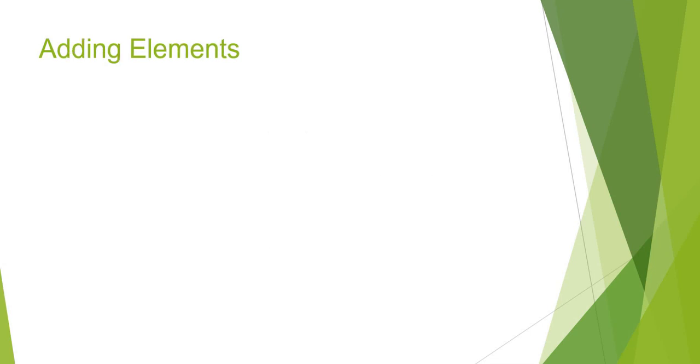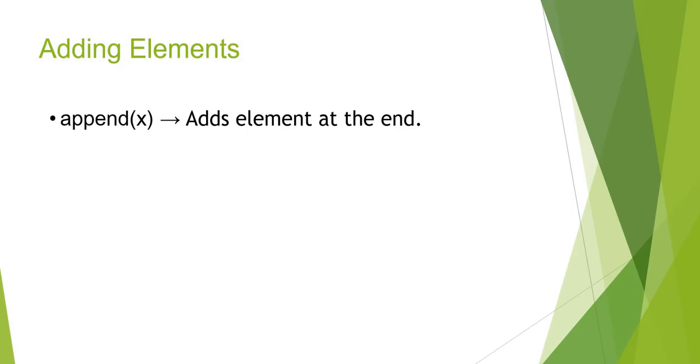Now let's see how to add elements to the list. Append x is a method which adds elements to the end of the list. And insert i comma x, that is insert is a method that allows us to insert an element x at a position i.